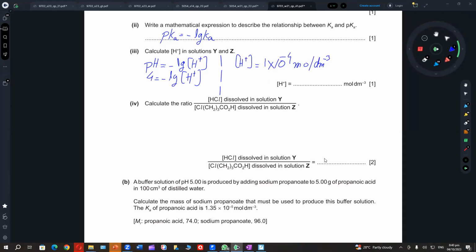Calculate the ratio of HCl dissolved in solution Y to this second acid dissolved in solution Z. Concentration upon concentration. We have the concentration of H plus. So what formula can we use?